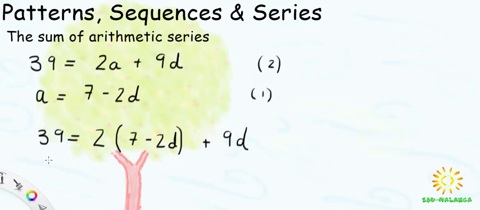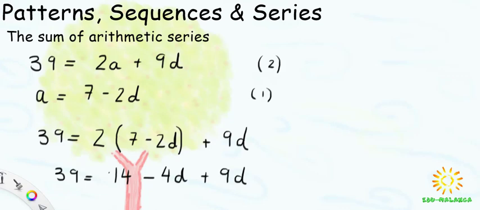The equation will be 39 is equal to 2 times 7, which is 14, minus 2 times 2d, that's equal to 4d, plus 9d. Let's group like terms by moving the 14 to the other side of the equation. We'll then have to change the sign.